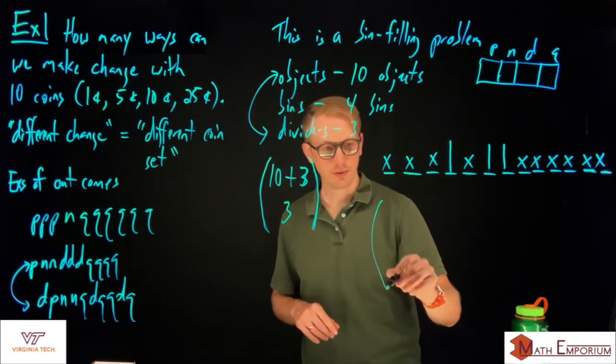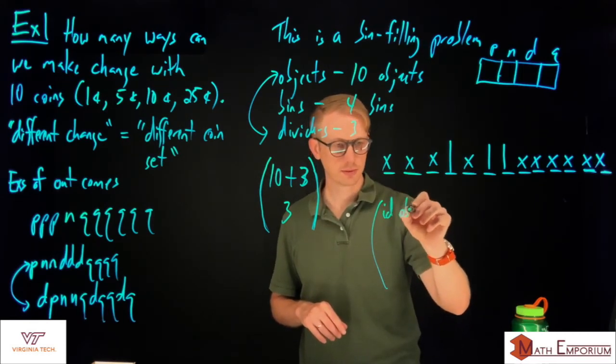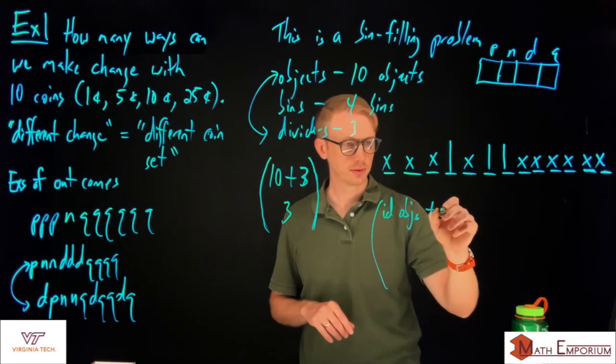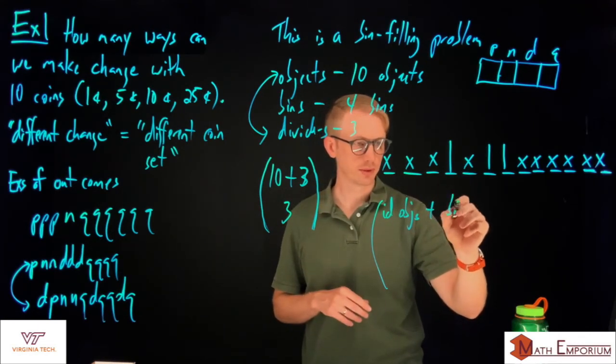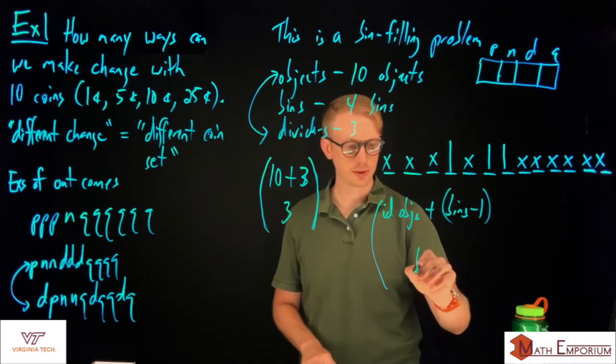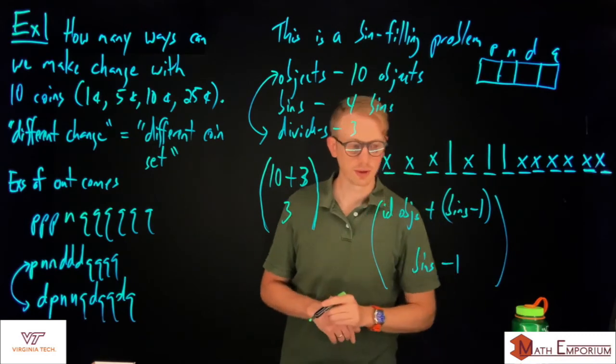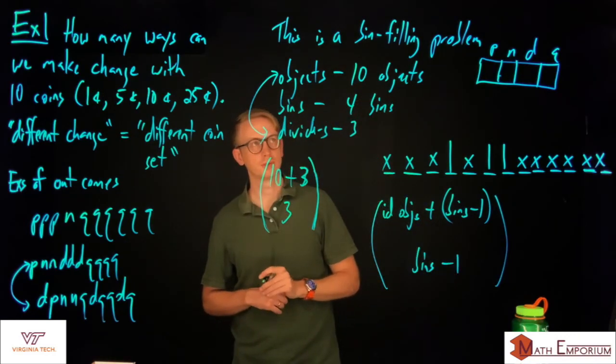The general formula is the number of identical objects plus dividers, and you can just remember dividers is bins minus 1, choose dividers, which is bins minus 1. That's the formula, with words in the spots where it goes.